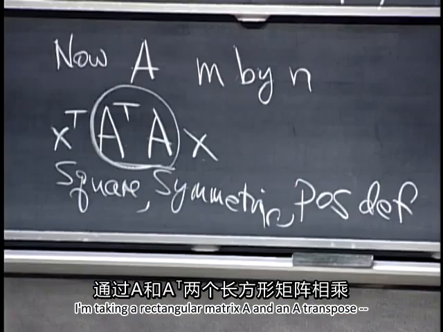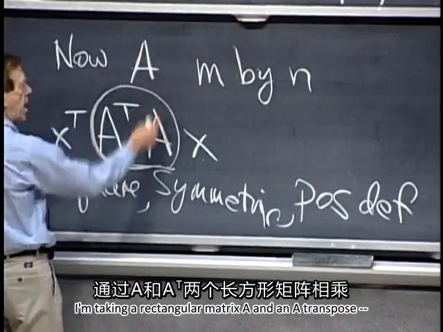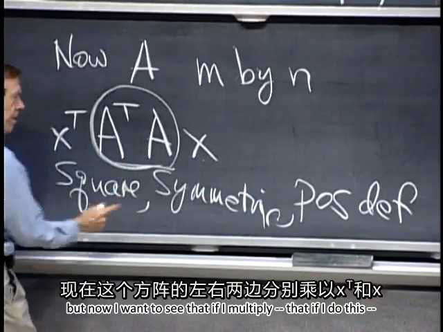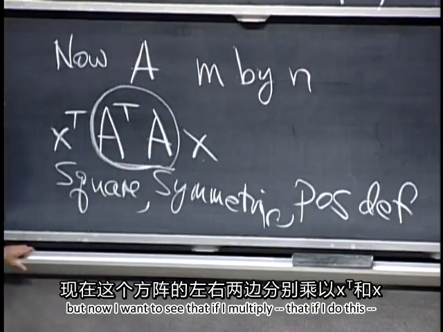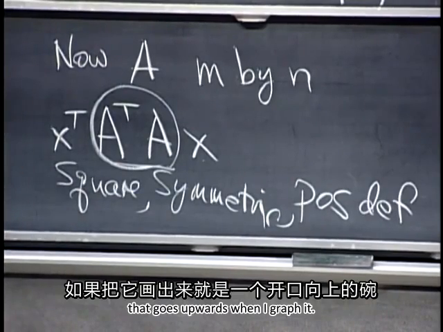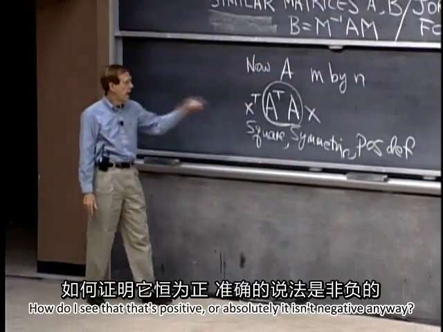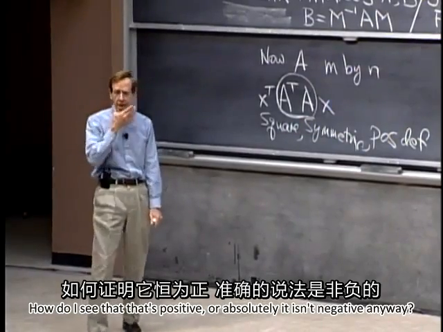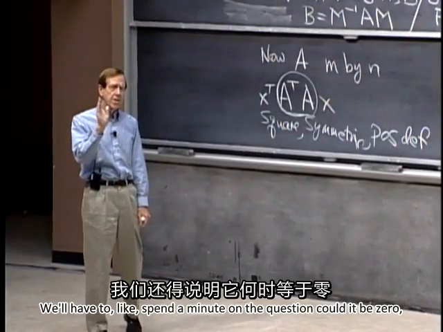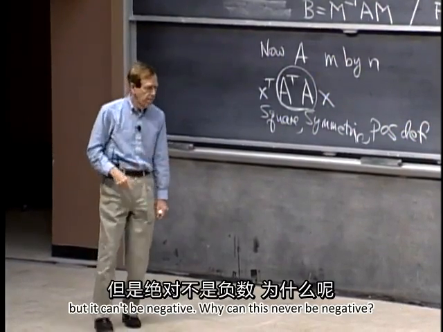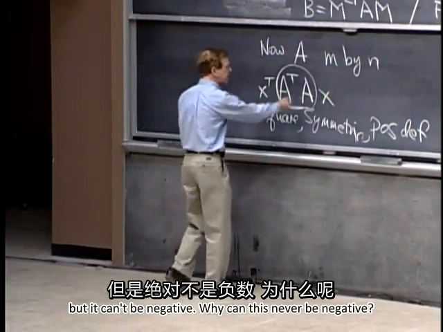I'm taking a rectangular matrix A and an A transpose. That gives me something square symmetric, but now I want to see that if I form this quadratic expression, I get this positive thing that goes upwards when I graph it. How do I see that that's positive? Or absolutely, it isn't negative anyway. We will have to spend a minute on the question, could it be zero? But it can't be negative. Why can this never be negative?